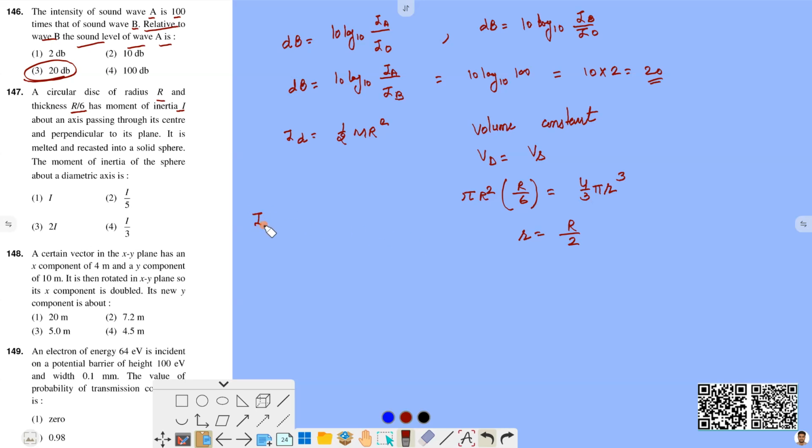Now the moment of inertia of the sphere, as it is a solid sphere, will be 2 by 5 into m small r square, and it does not matter about which axis you are measuring. If it is passing through the center, it will always be the same. So that will be 2 by 5 into mass.